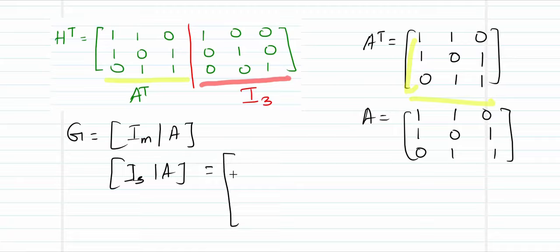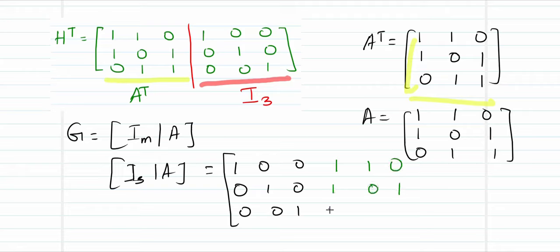So I have I3 coming first: 1, 0, 0, 0, 1, 0, 0, 0, 1, to which I augment my A, which is 1, 1, 0, 1, 0, 1, 0, 1, 1. So now I have my G to be generated.